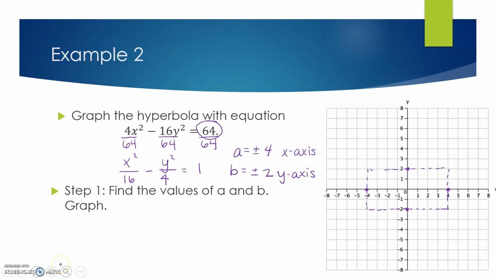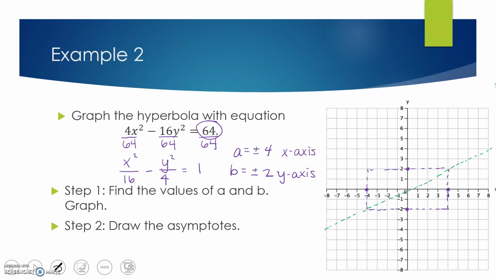Then I'm going to draw my asymptotes, or my diagonals. So that's going to look something like this. And then drawing the other one, like that.